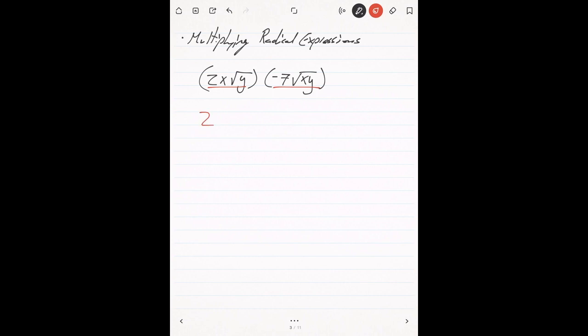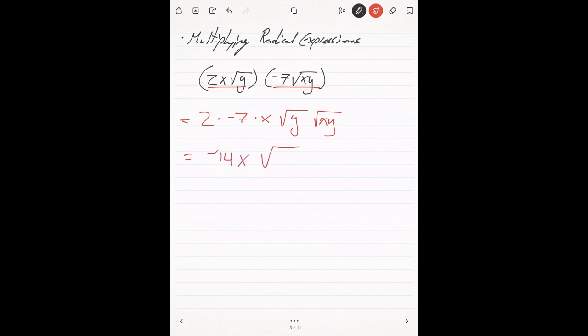Let's multiply the 2 and the negative 7, and the x. And then let's multiply the root y and the root xy. So I've grouped together everything that wasn't in the radical on one side and all the radical terms on the other. So we end up with, let's see, that's negative 14x.